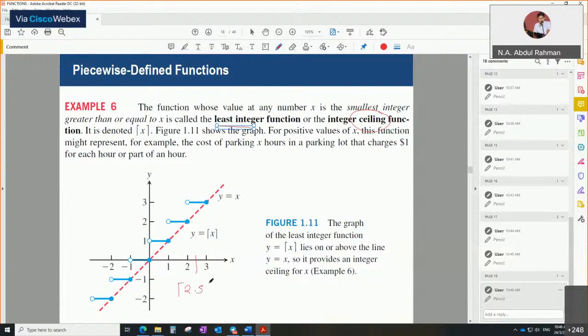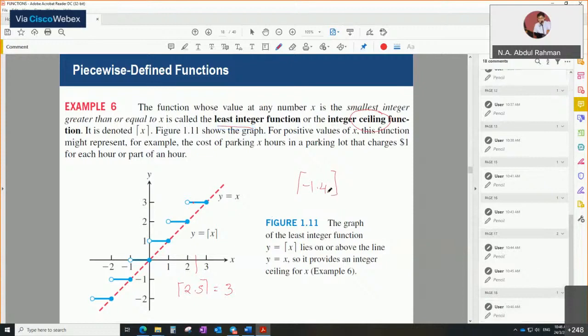So the ceiling of 2.5 is equal to 3. That's why we have this equal to 3 here. It's the same everywhere else.